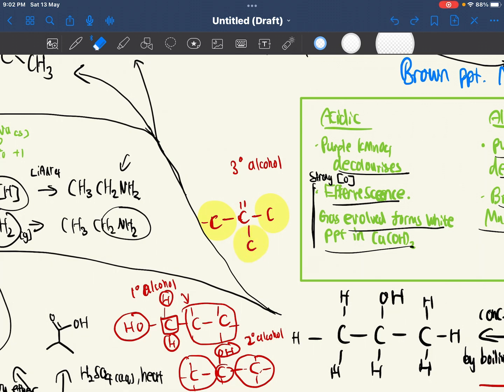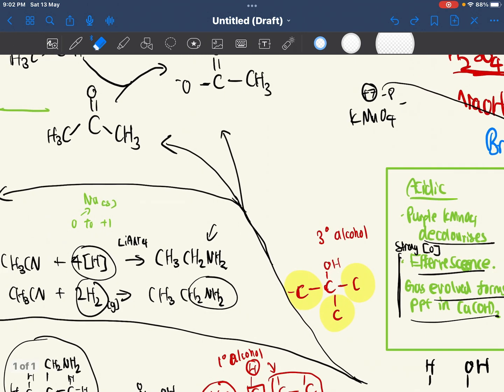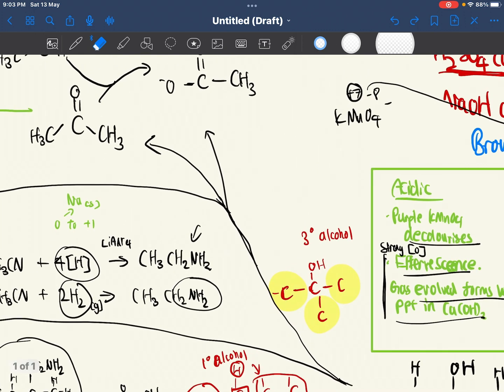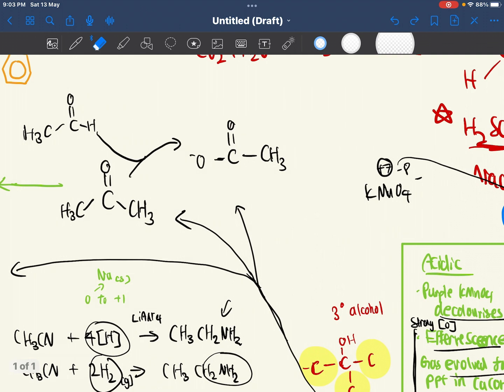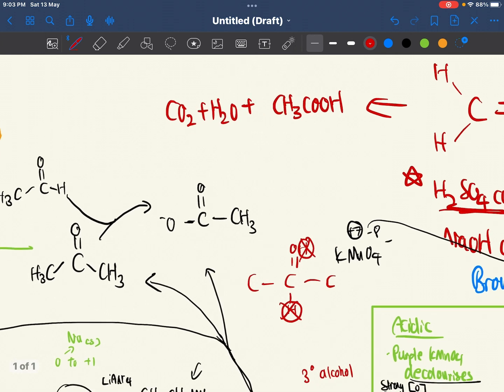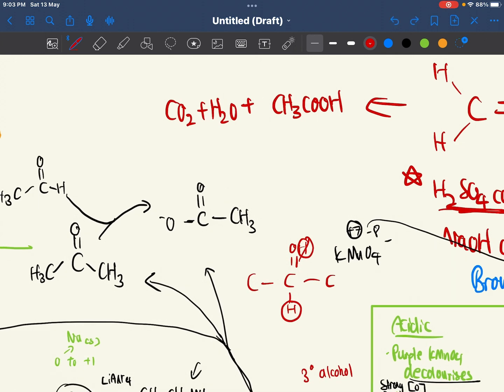So it's not possible to form a carbonyl compound from a tertiary alcohol, because forming a carbonyl compound means I must lose an H atom so that I can form a double bond, C double bond O. I must lose this and I must lose this. Okay, so this is how carbonyl compounds are formed.